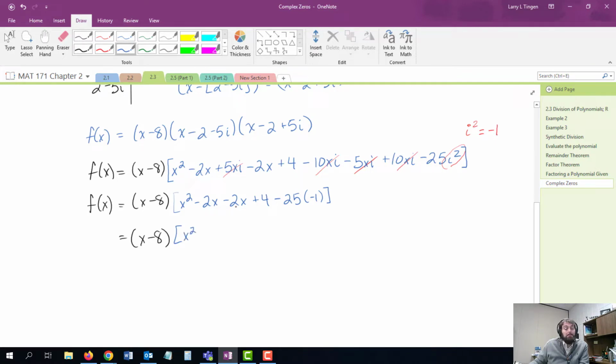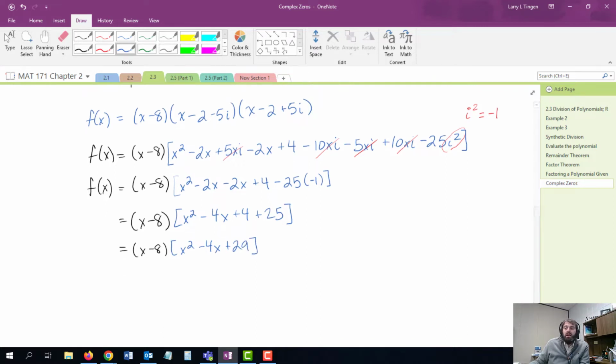Negative 2x minus 2x more is negative 4x. And I'm looking at plus 4. 25 times negative 1 is negative 25. Minus negative 25 is plus 25. So I have x minus 8 times x squared minus 4x, and then 4 plus 25 is 29.